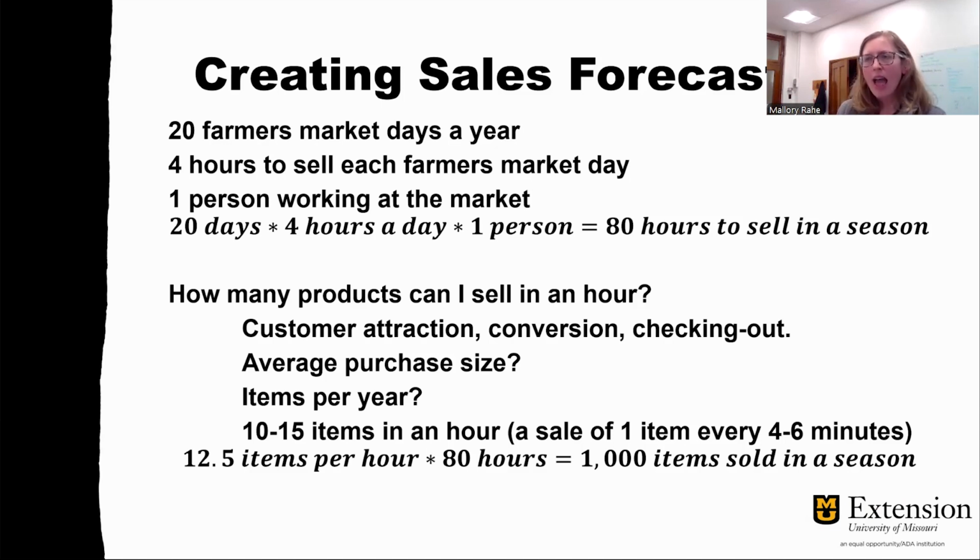And I have to think, how many products can I sell in an hour? For my particular situation, which I'll go into some more details on in a second, I'm building in the time it takes to attract a customer, to convert them into making a purchase, and to actually check them out. I also have to think about average purchase sizes.